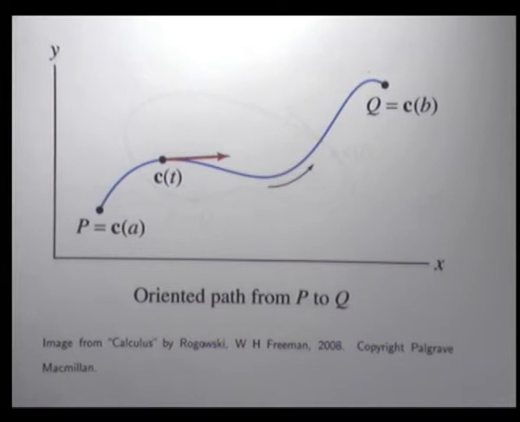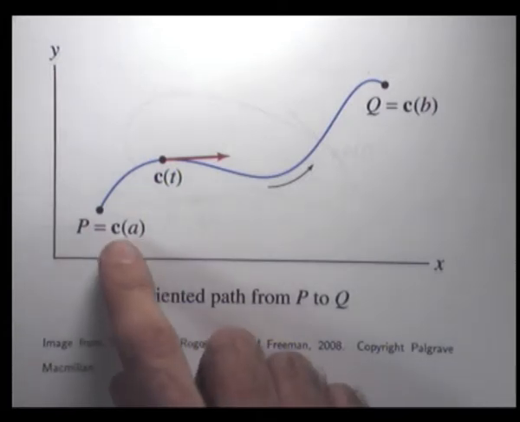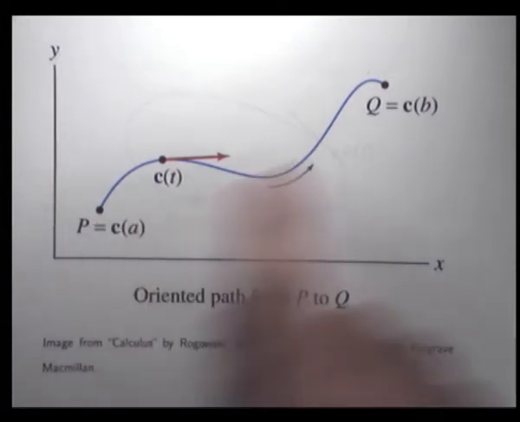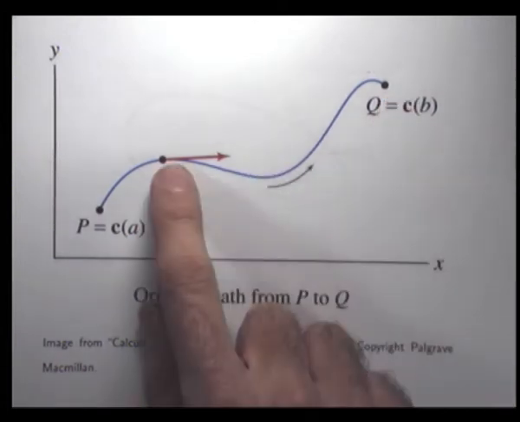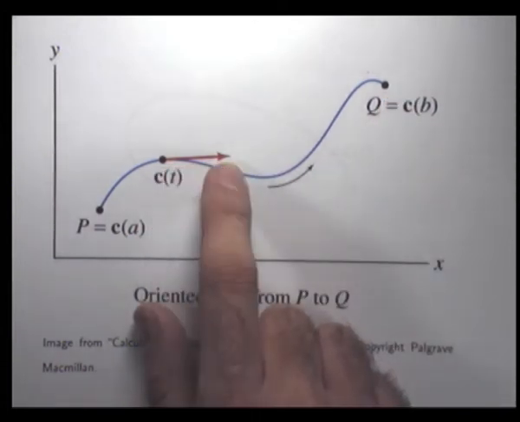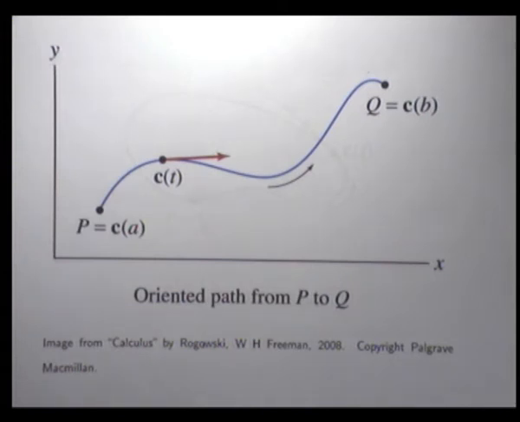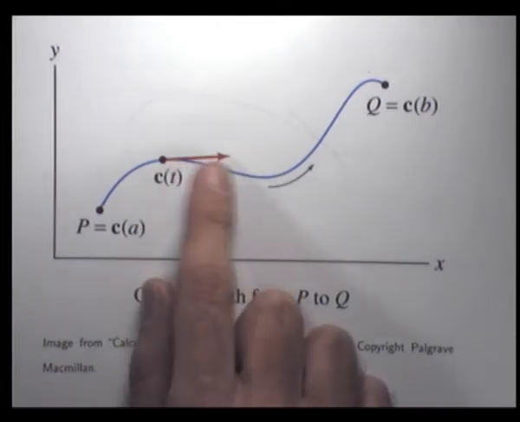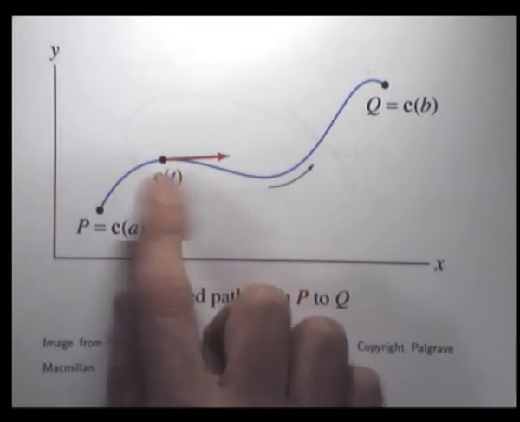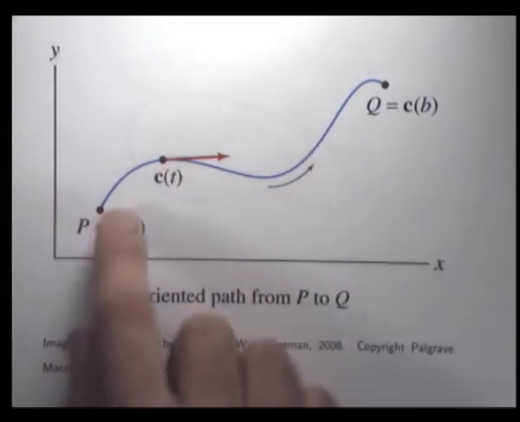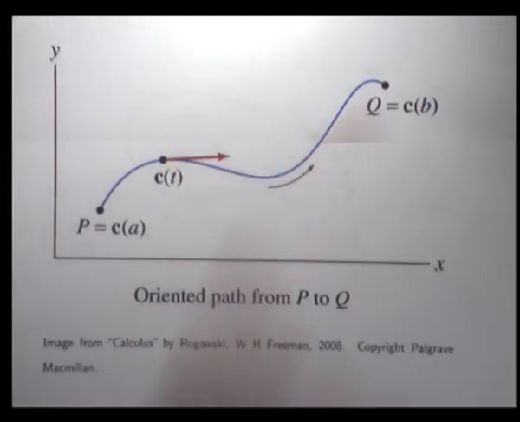So here's a simple example. Here we have an oriented curve or path from this point to this point. The pink vector here, it looks like a tangent vector. And you can see that, roughly speaking, it's pointing in the direction that follows the path in this way.